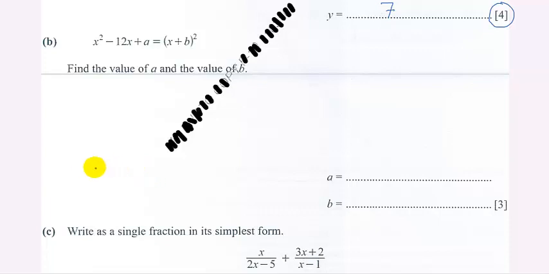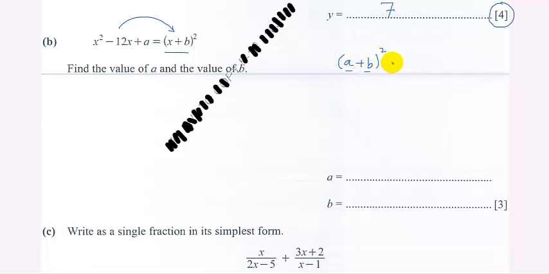And here we have another question. This is an equation, and we have to convert this equation into this format. If you observe this format, this is basically the identity (a plus b) whole square. Here we have two terms.